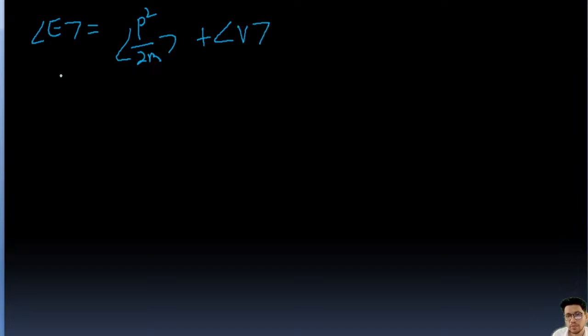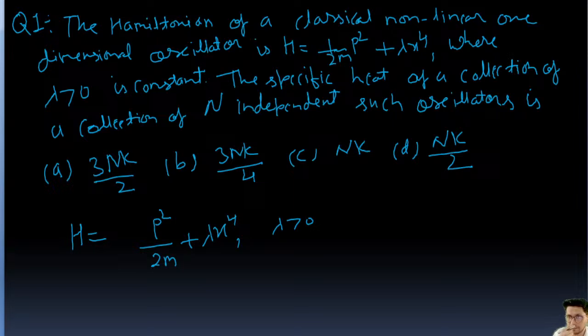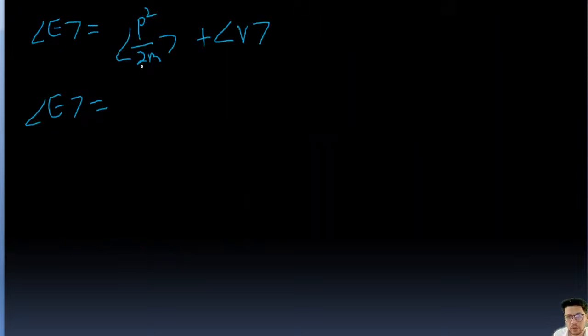For a classical harmonic oscillator, the kinetic energy is 1 upon 2 kT, where k is the Boltzmann constant, plus V, which we are going to find out. So V is given, that is lambda x to the power 4.